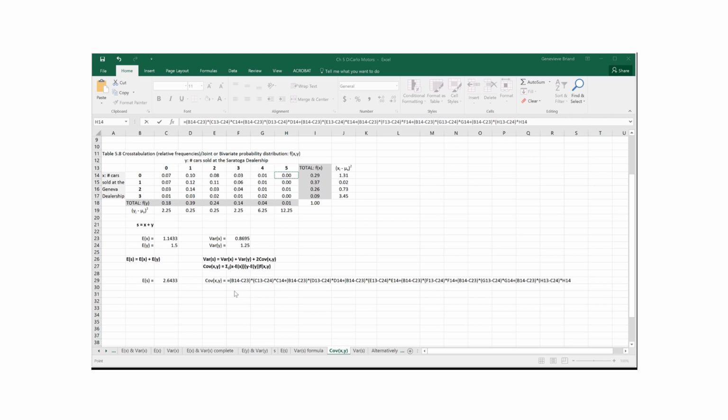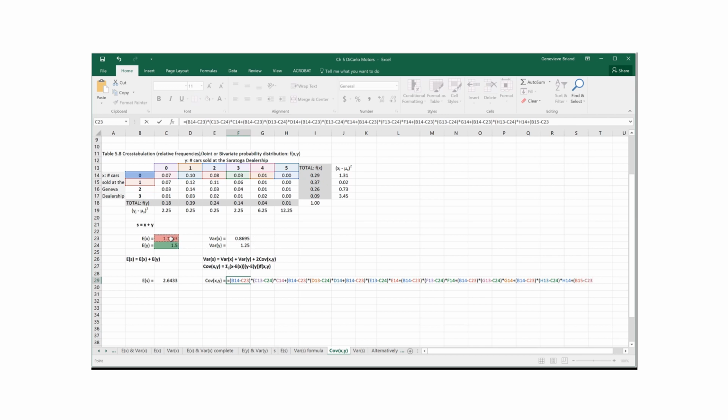When for value of X equals 0, I've gone through all the possible values of Y that can go with that, I'm ready to move on to the next row, or next value of X and different combinations associated with that.